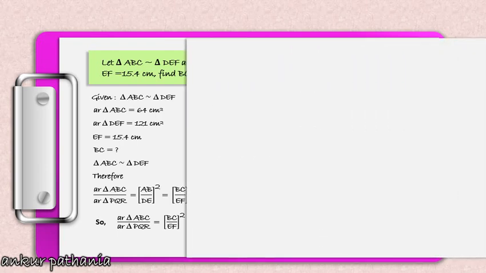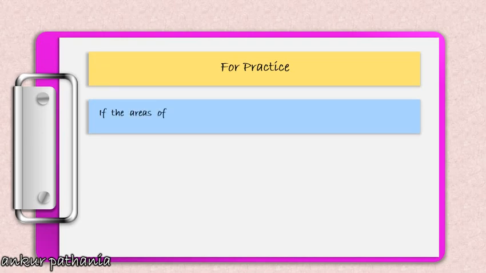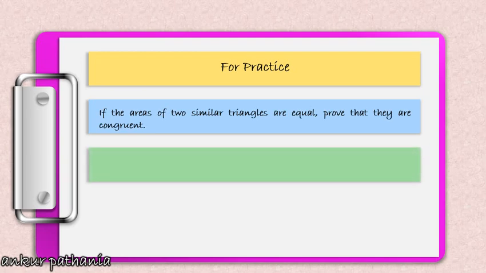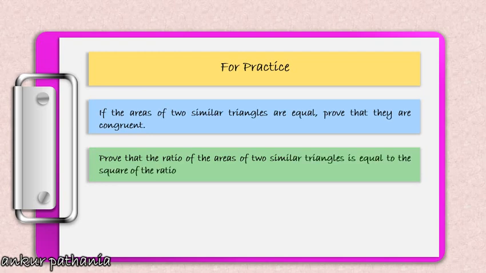Now, an assignment for you to practice on your own. First question is, if the areas of two similar triangles are equal, prove that they are congruent. Second problem is, prove that the ratio of areas of two similar triangles is equal to the square of the ratio of their corresponding medians.